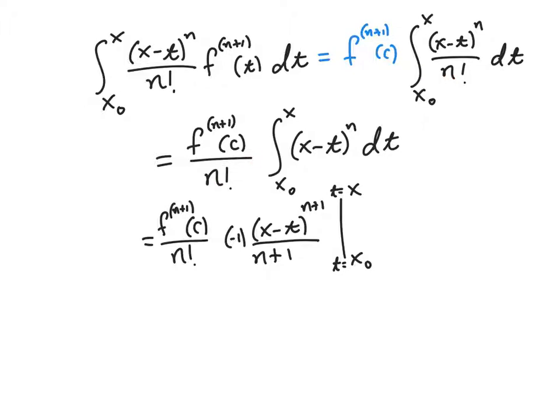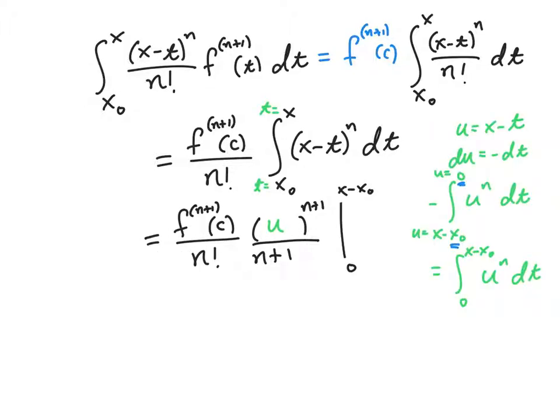Okay? Now I'm going to integrate this term here. Now to integrate this, remember, we're integrating with respect to t, so there's a minus sign in there. So there's a -1 that's going to pop out of the integral when I perform the integration. You could either just see that, or you can do a U-Substitution and let u equal x minus t, then du equals minus dt.